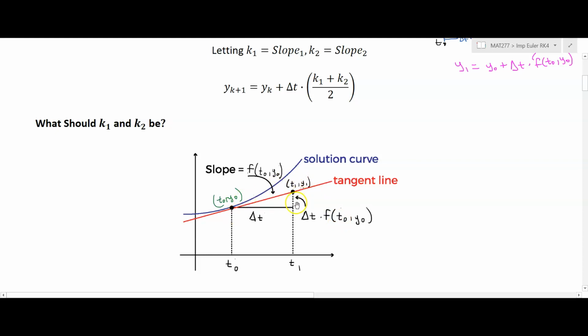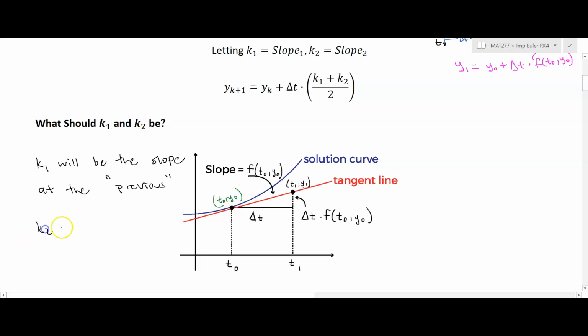Well, let's just entertain this idea that k1 will be the slope at the "previous" point, and I'll put previous in quotes, because what I mean by previous in this drawing is t0, y0.